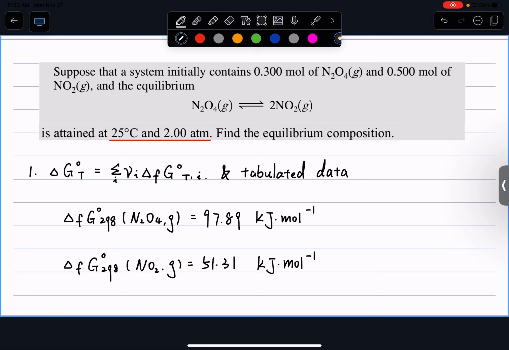What we're doing next is to use this equation to solve for our extent of reaction. So what do we have? We have Kp equals the product of P NO2 at equilibrium over P naught to its stoichiometric coefficient, times P N2O4 at equilibrium over P naught to its stoichiometric coefficient.